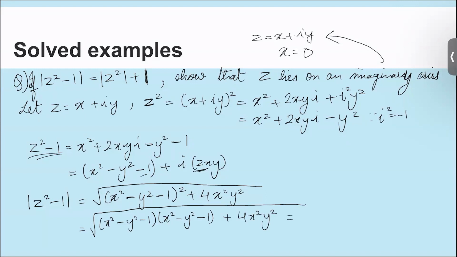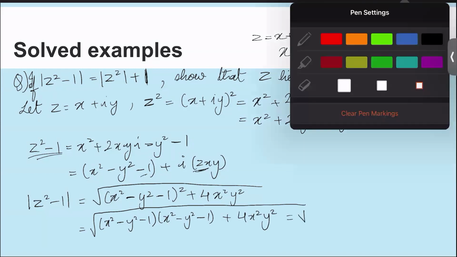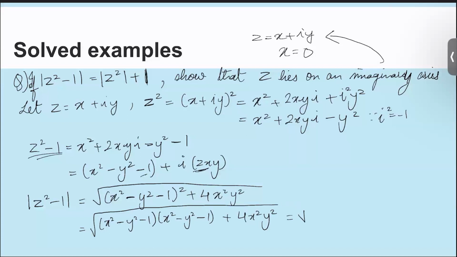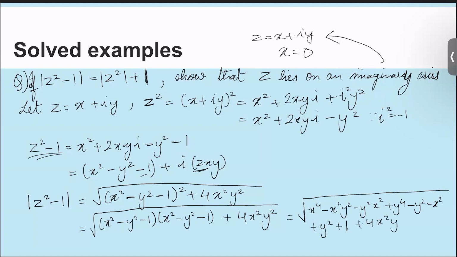So multiply each of the terms over here. Okay, and this will turn out to be x raised to 4 minus x squared y squared minus y squared x squared plus y to the 4 minus y squared minus x squared plus y squared plus 1, and then you have plus 4x squared y squared.